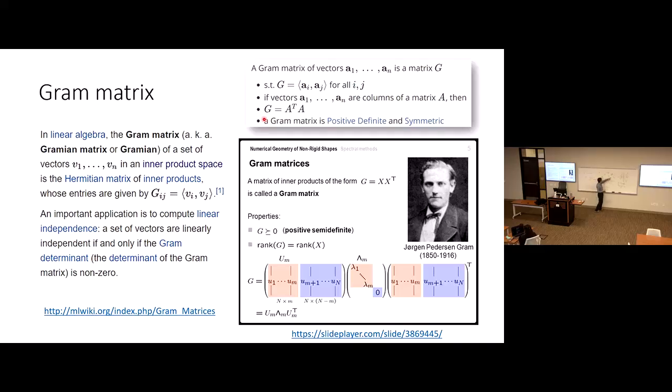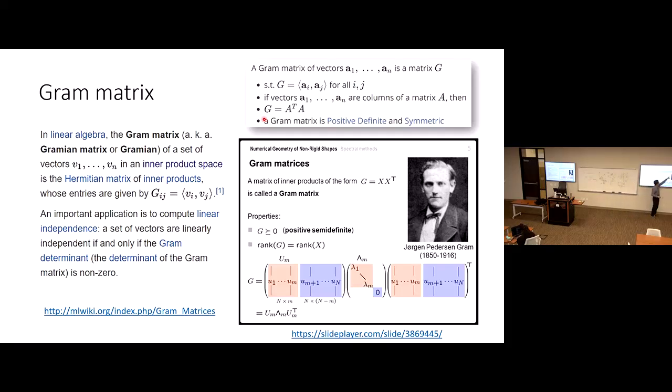And also, these two matrices can be converted into each other. So we like the gram matrix better than the distance matrix because it is so easy to compute.